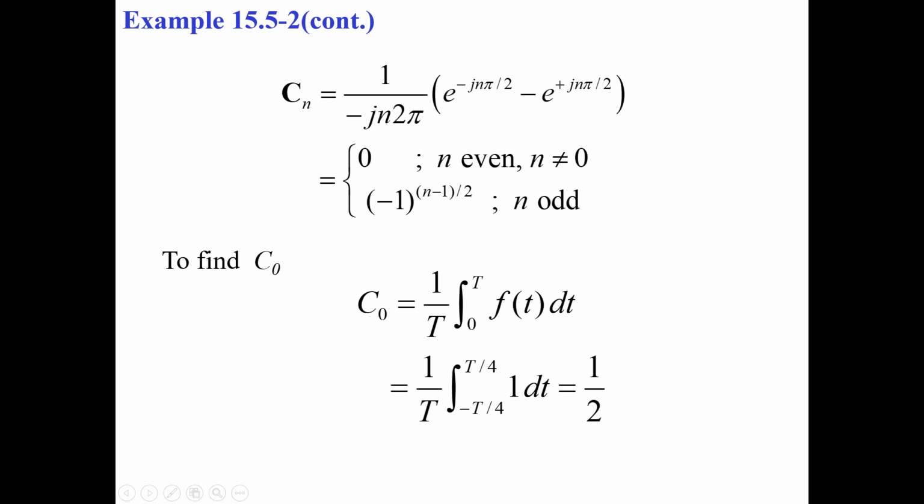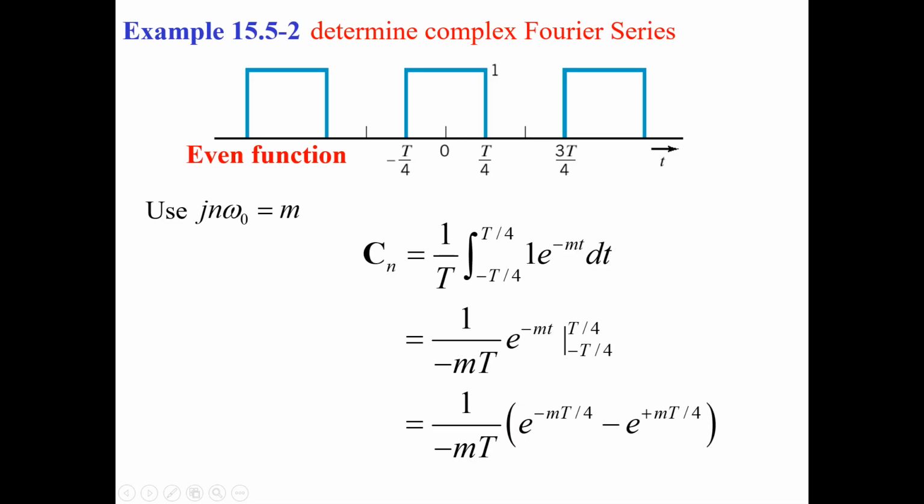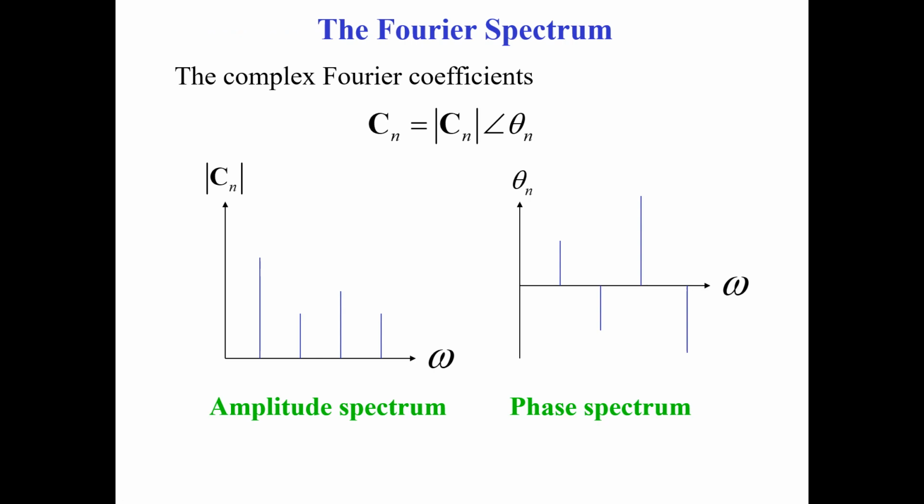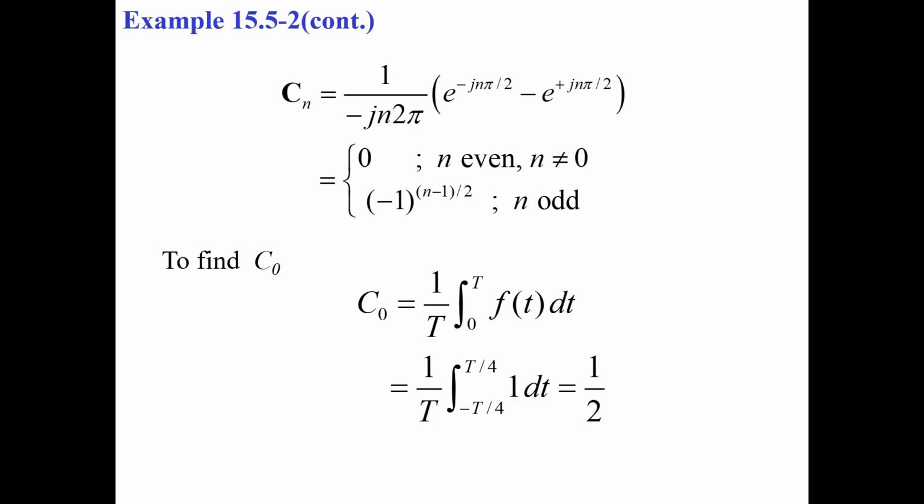This is just the simplest form of this one. For the even case, sorry, go back. If you write it in the sinusoid form, for even it is 0 because it involves pi by 2. If you take even 2, then it is pi and it is 0, like that. How to plot this? This is the magnitude, this is the phasor, this is your Cn.